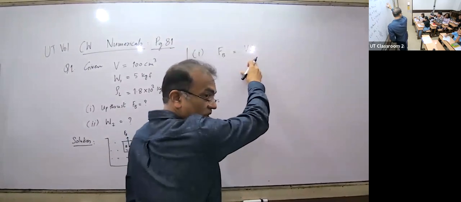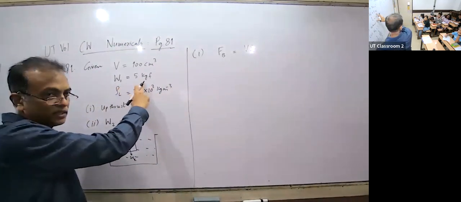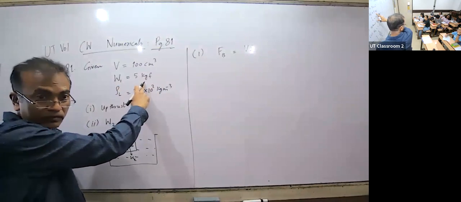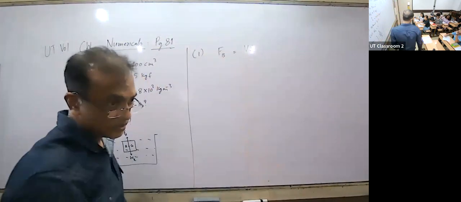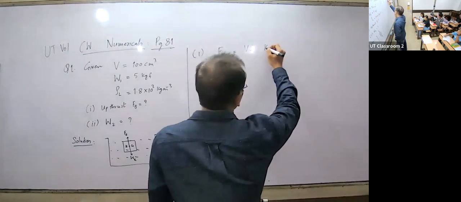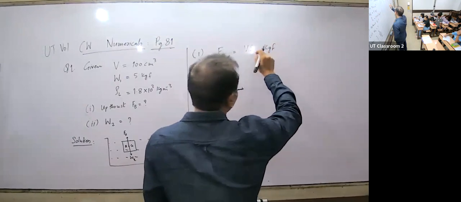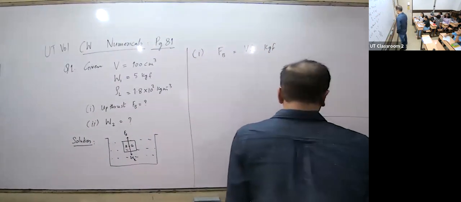Volume times density is mass. And you see the weight is given in kgf, not in Newton. So this is the upthrust in kgf. We are not multiplying gravity here.